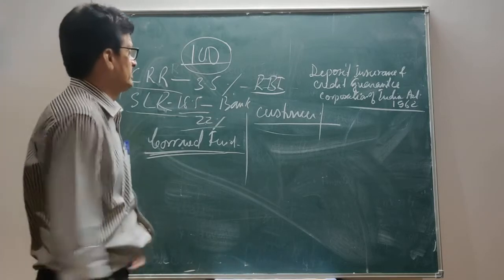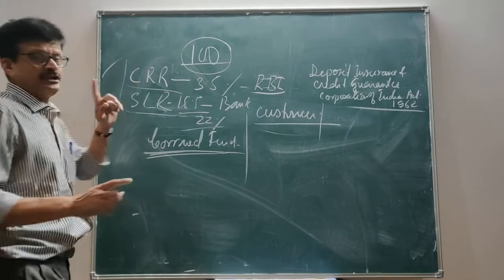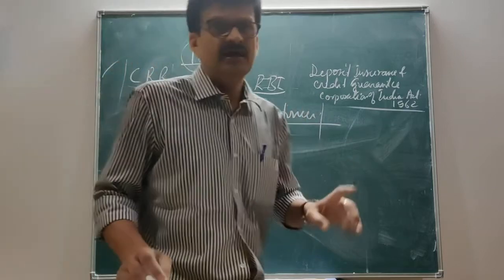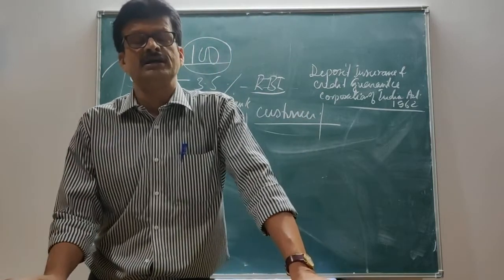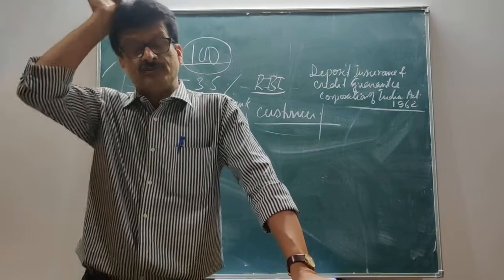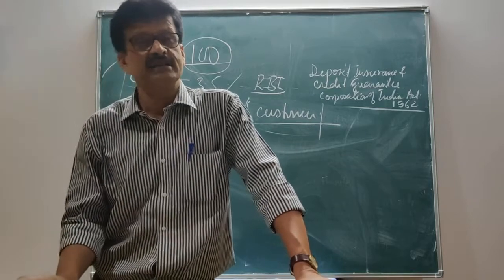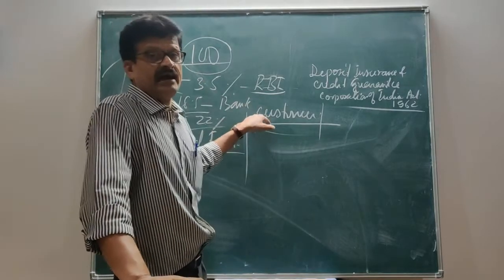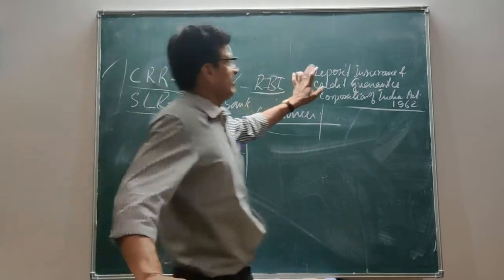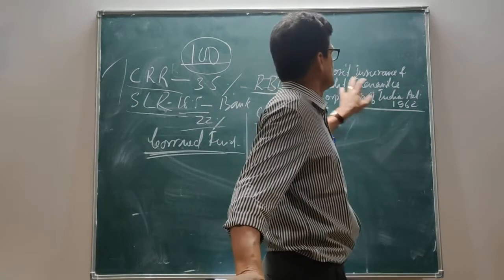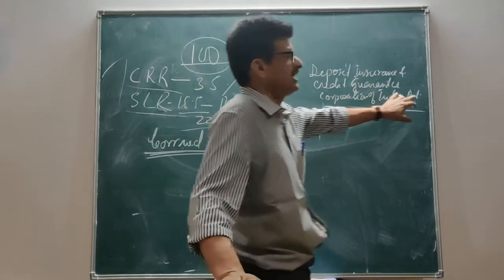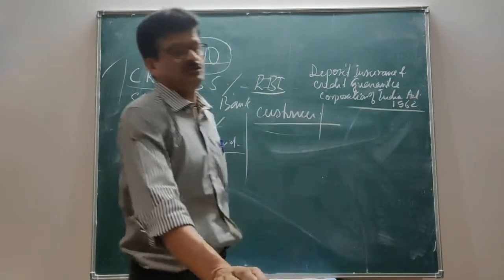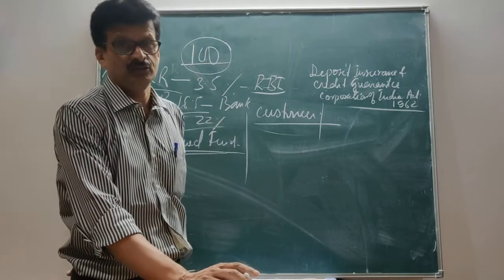What is that more confidence? Every deposit holder's interest will be taken care of, and as a result, their deposits are guaranteed under Deposit Insurance and Credit Guarantee. It was the Deposit Insurance Corporation of India, under the Deposit Insurance Corporation of India Act 1962 to begin with.